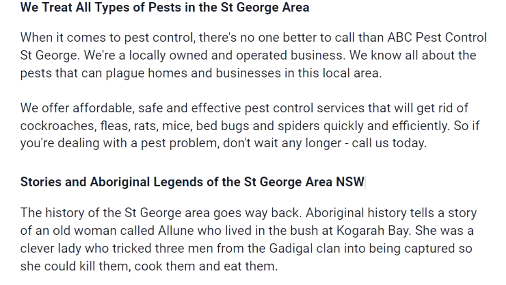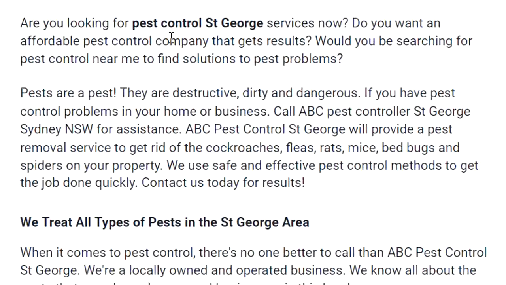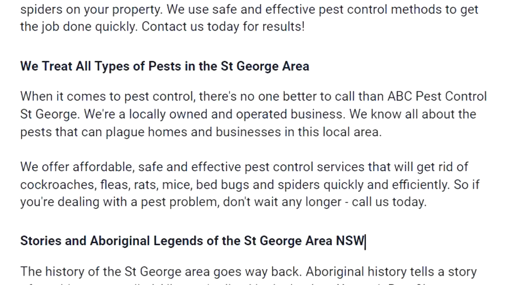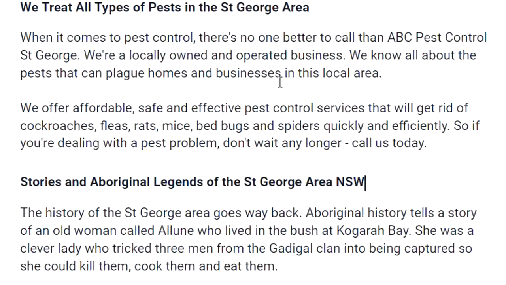So what we've got basically in the location page, we've got information. In this case, it's about pest control. All the primary components, or general components of, you know, pest control in the top of the page. Then just a little bit more specific, you know, that we're treating all types of pests.